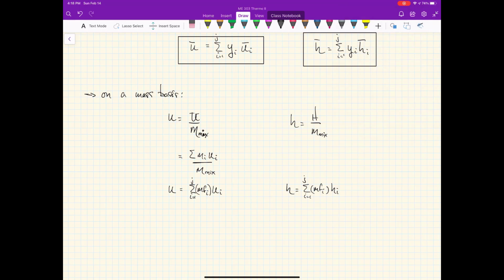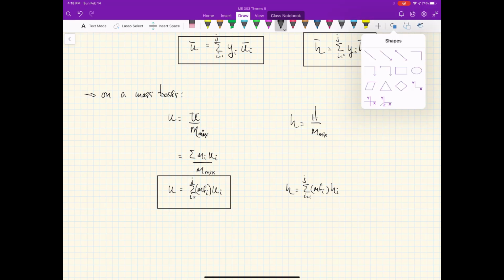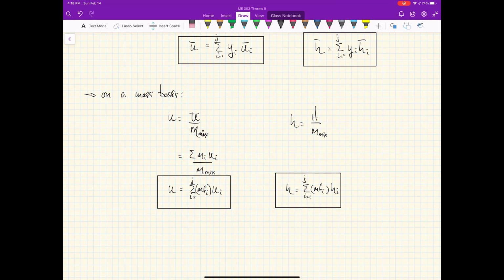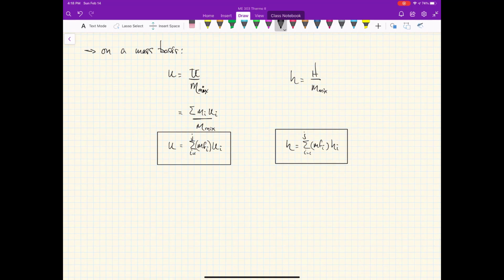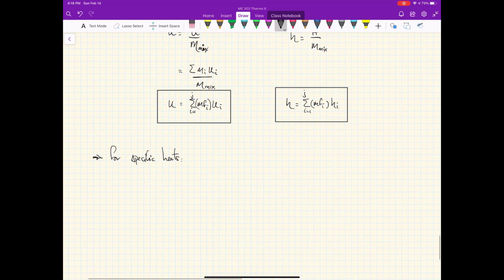On a mass basis, now the internal energy is simply equal to the very same extensive energy that we found before, divided by the mass of the mixture itself, and likewise with enthalpy. And this is maybe the property that we use more as opposed to the molar one. So that's going to be equal to the sum of the masses of each individual component times their own internal energy, divided by the mass of the mixture again.